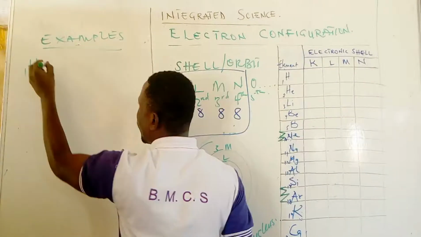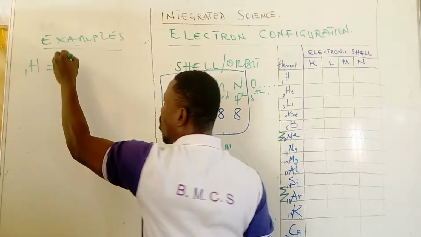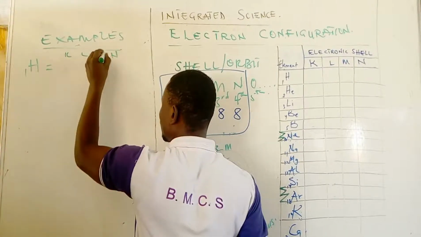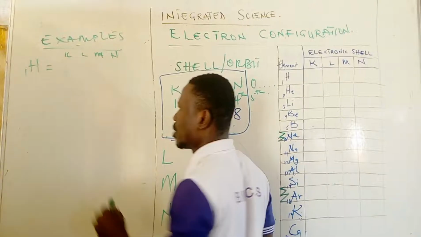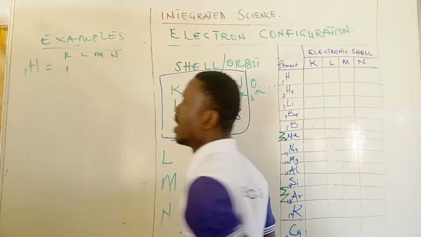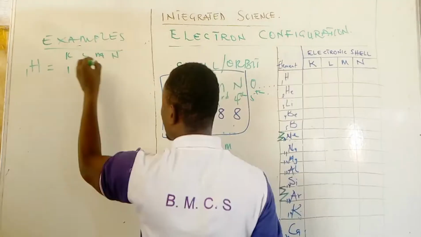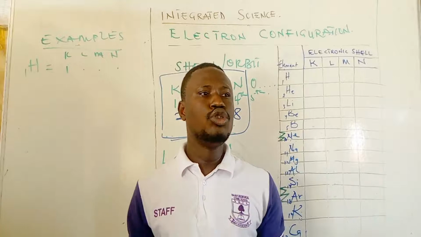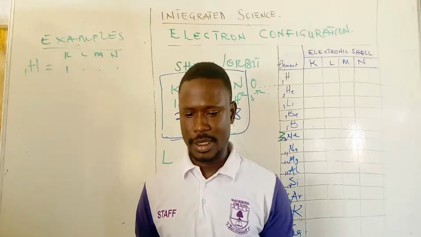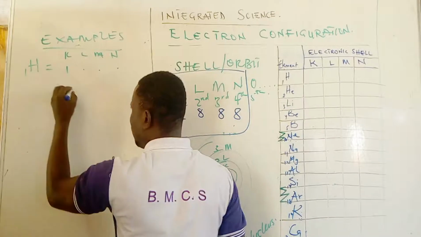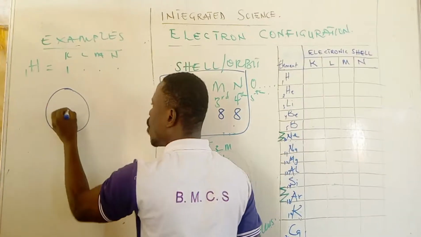If it has no electron, you don't waste time drawing it. So this will be the configuration. Always don't forget to indicate the central organ, which is the nucleus. So we have the K shell and a single electron, and this represents the electronic configuration for hydrogen.